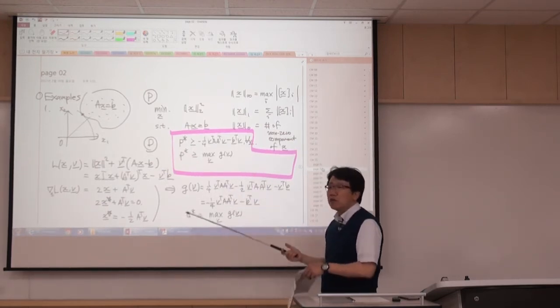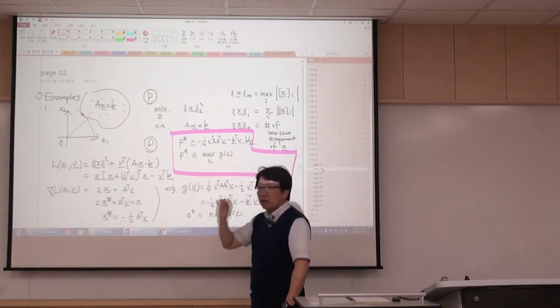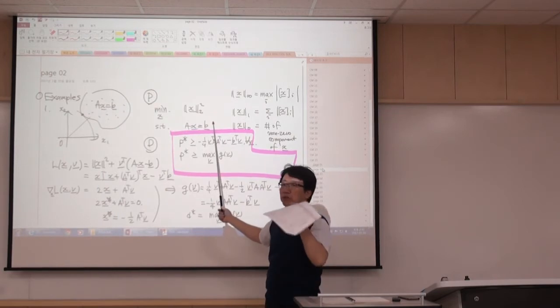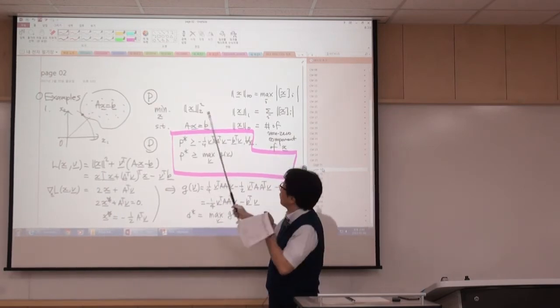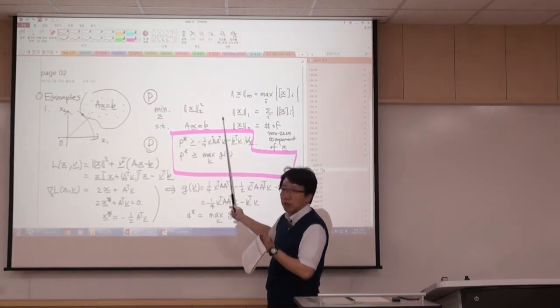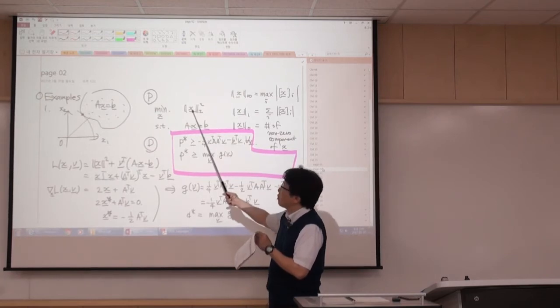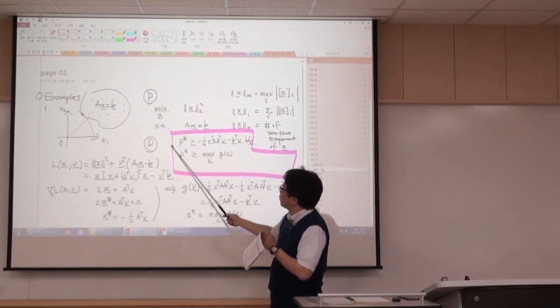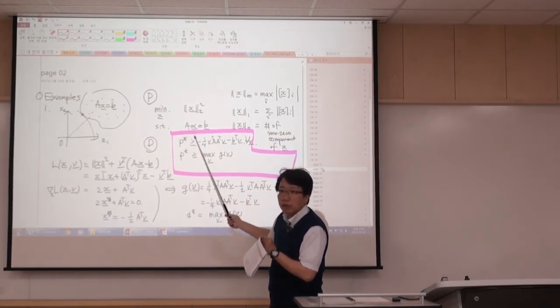And somehow you evaluate the original problem, for example, by guessing x optimal. You find a feasible x that satisfies the condition, and you evaluate its norm square. Now, that is greater than or equal to P star, right?